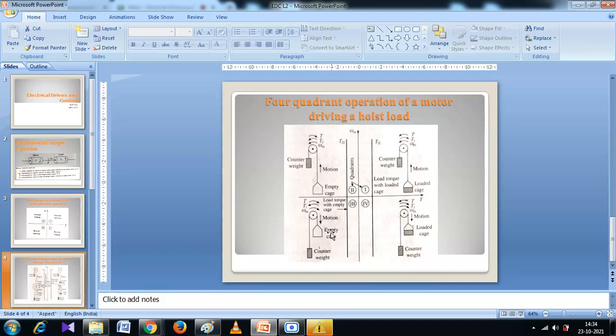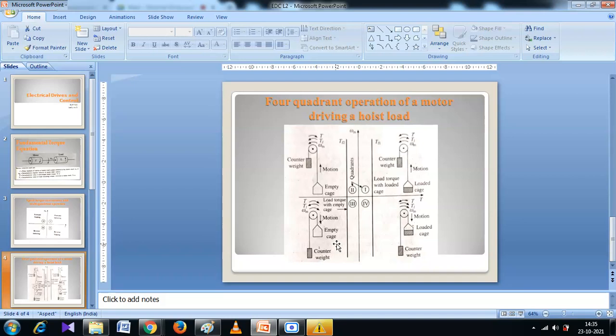What do you have to do in that situation? Sir, it comes under reverse motoring. It comes under reverse motoring, but how? Please explain, because you have to explain this in the examination.